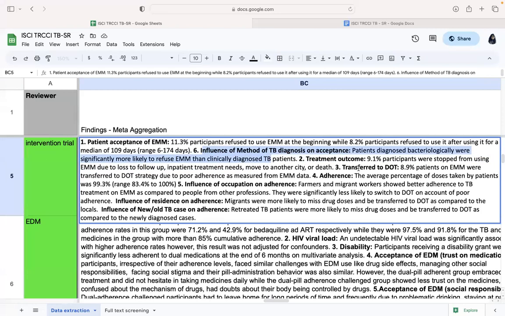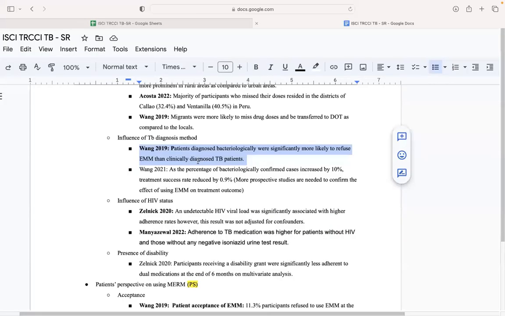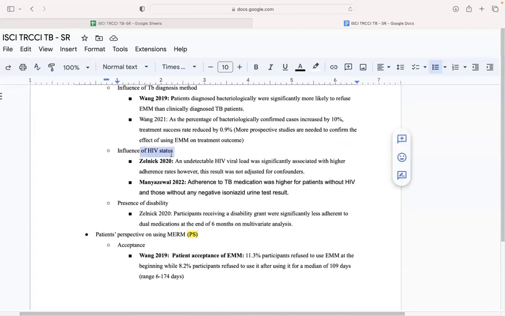Now, treatment outcome we have done. Transfer to DOT we have seen. Adherence we have seen. Influence of occupation we read. Residence we read. Now, only influence of new and old TB cases. So what we can do? Influence of HIV status, influence of disability.